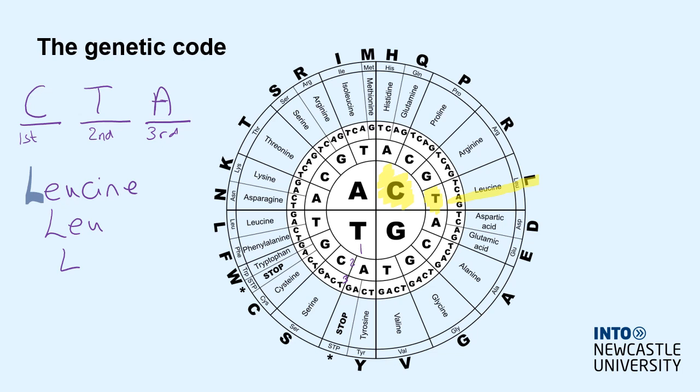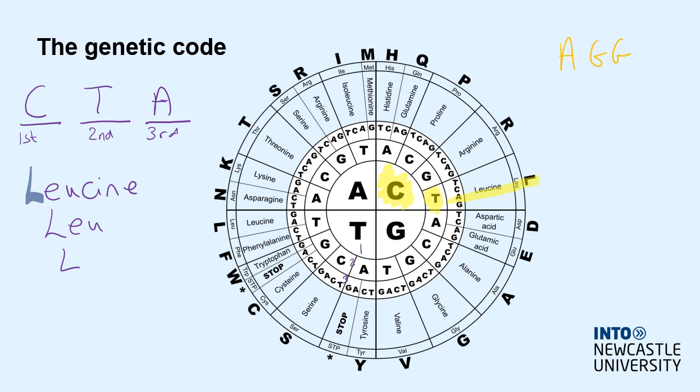If we pick another example, just to go through it again, I am going to pick AGG. If we do it in orange, so we have AGG.